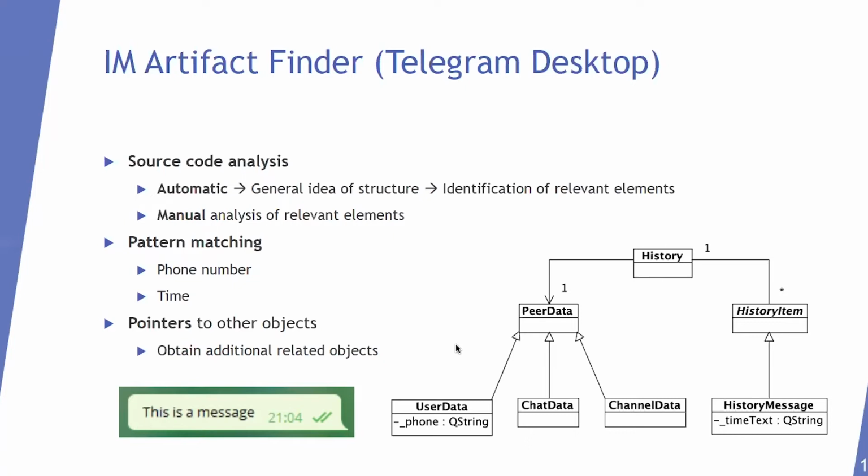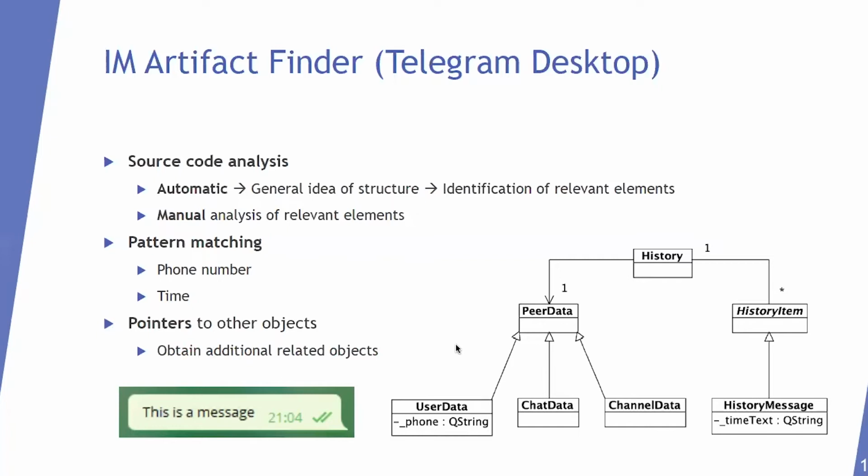After obtaining this diagram, we identified inside it the relevant elements from a forensics perspective, and later we manually analyzed those elements. On the right side of the slide, we can see a very tiny extract of the Telegram desktop class diagram with these relevant elements.